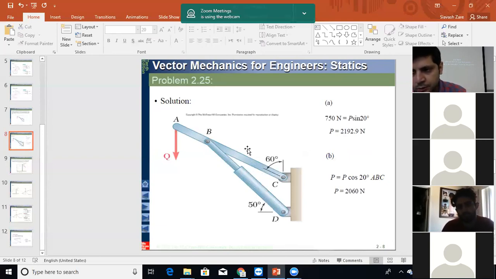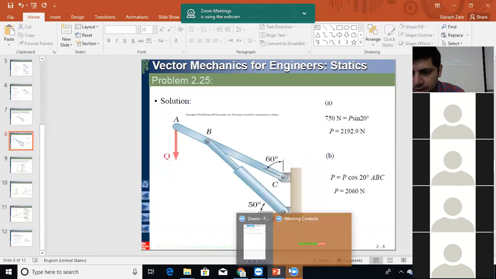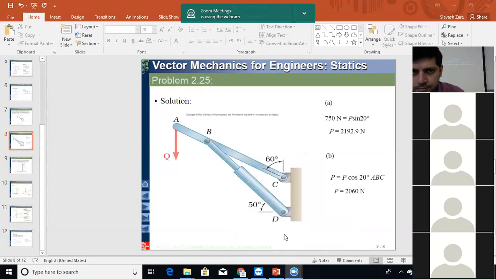That would be 20, and we know the perpendicular component is the force times the sine of that angle. So P sine of 20 would be 750, and then you can derive P. Any problems here? Any questions here?